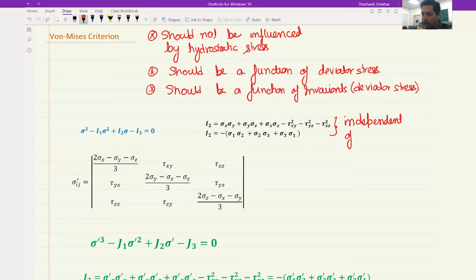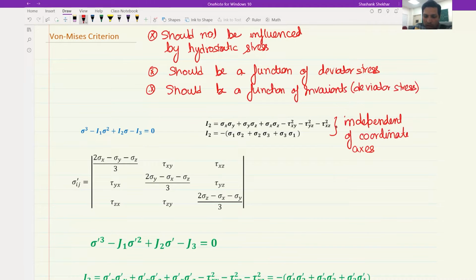Actually, all of them would be, and this one is even more interesting. By the very definition, the invariant should be independent of axis.